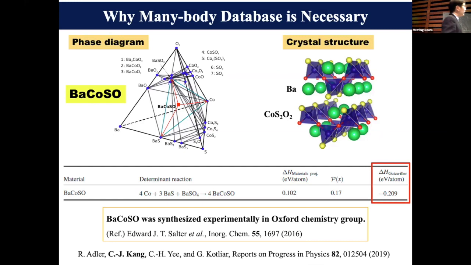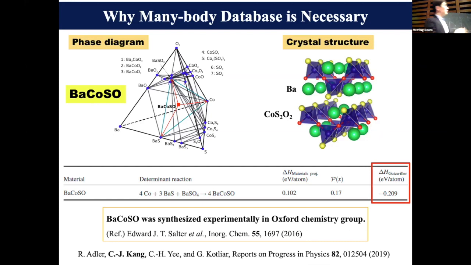The DFT formation energy with empirical correction gives a positive value. It means that BaCoSO is not thermodynamically stable. The corresponding existence probability is 0.17. It is small, and it means that it is not likely to exist in experiment.